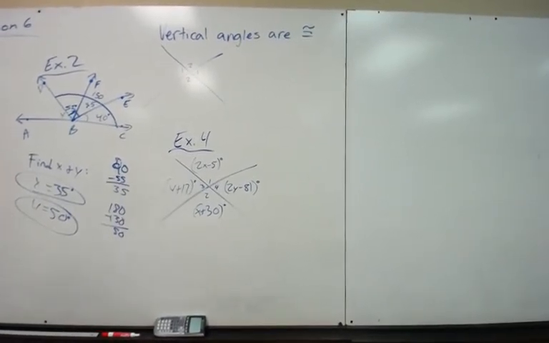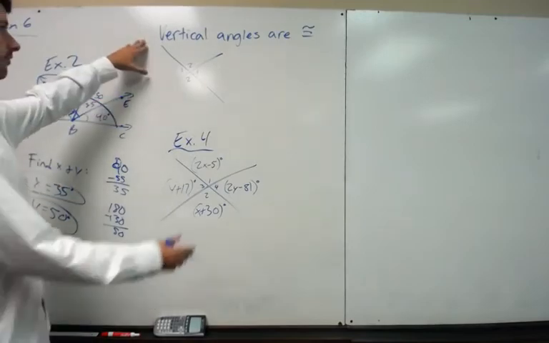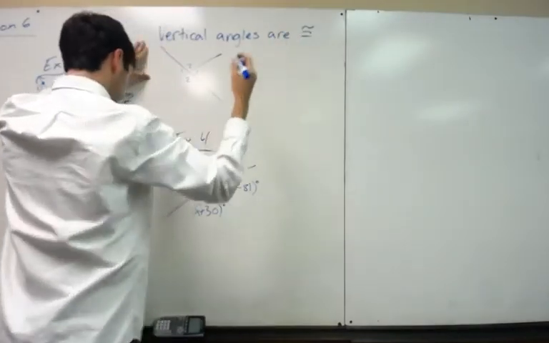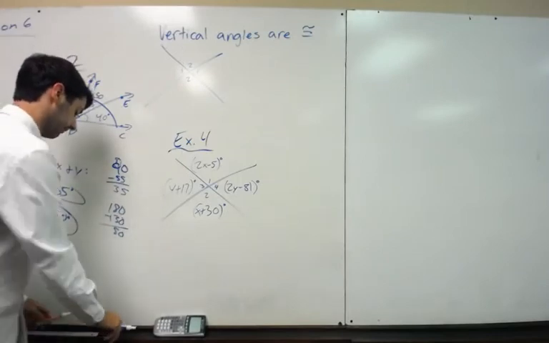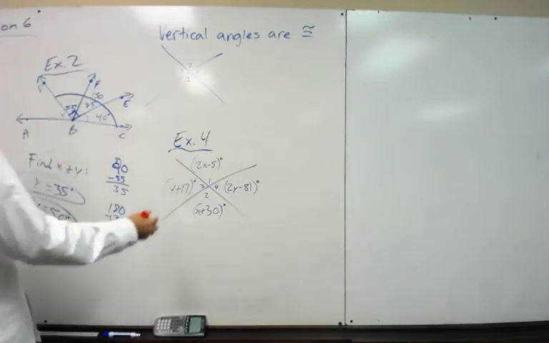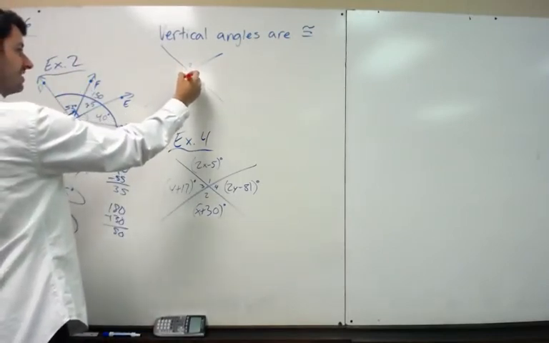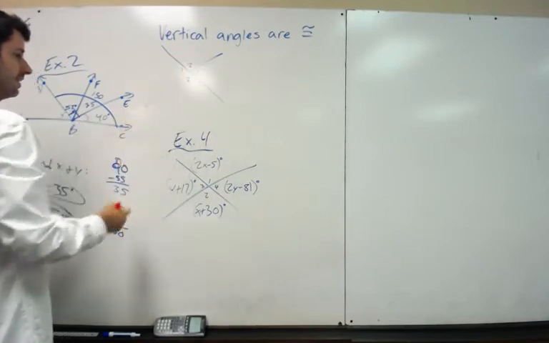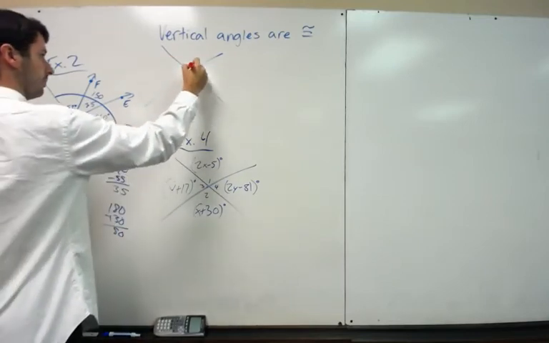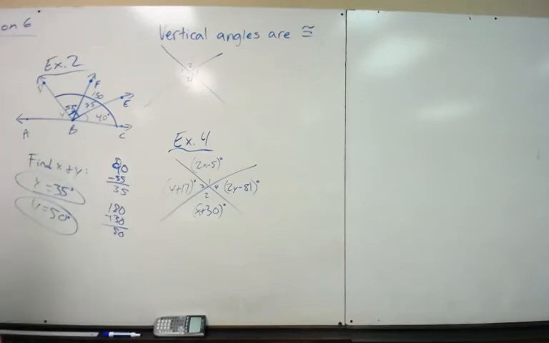One other pair of angles that we are going to talk about in this lesson is vertical angles. Vertical angles, just know vertical angles are always congruent. What is a vertical angle? Well, you have two lines that intersect. Well, the opposite angles are vertical angles.